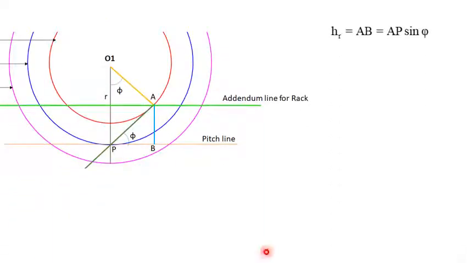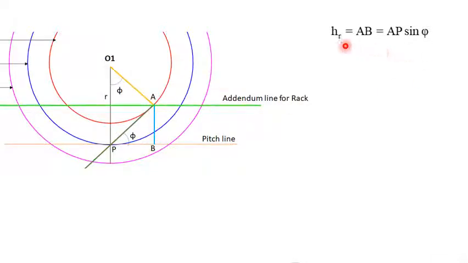Next, the length AB represents the addendum of the rack, because this is the addendum line and this is the pitch line. So this distance is the addendum of the rack. If I consider triangle PAB, AB is the opposite side.